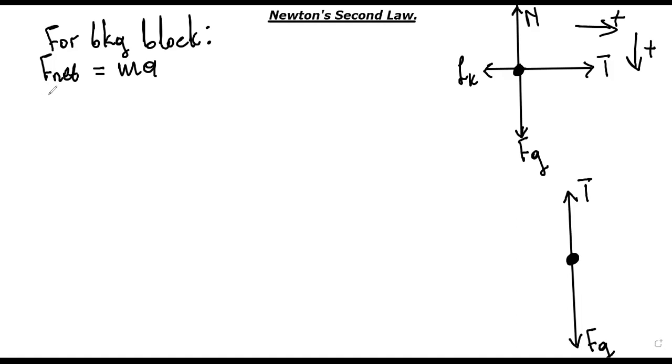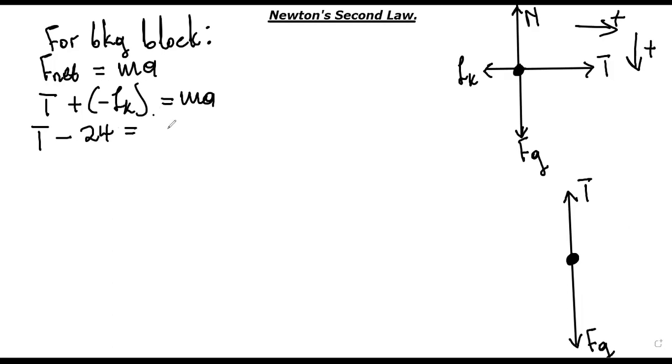So this means the tension force will be positive, but the kinetic frictional force will be negative. And this is equal to MA. The magnitude of the kinetic frictional force for the 6 kg block is given to us as 24 newtons in the statement.